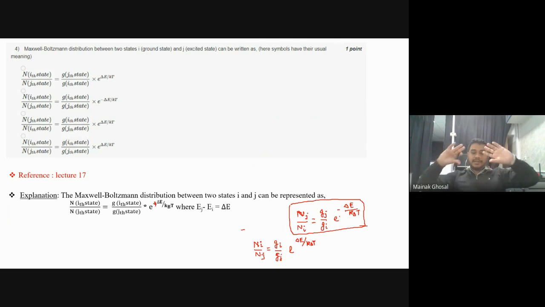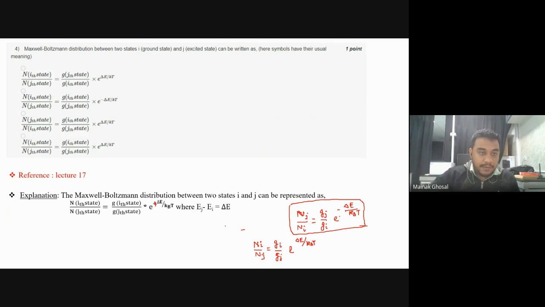Because when you are reversing it, Nj by Ni will become Ni by Nj, Gj by Gi will become Gi by Gj, and since the power of the exponential was negative, when you reverse it, it will become positive. So you have to find which option is there.